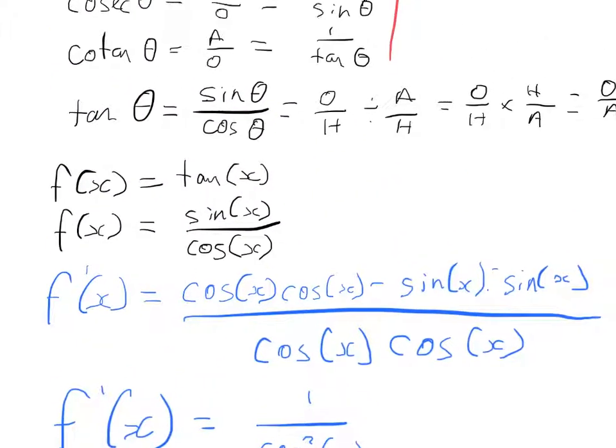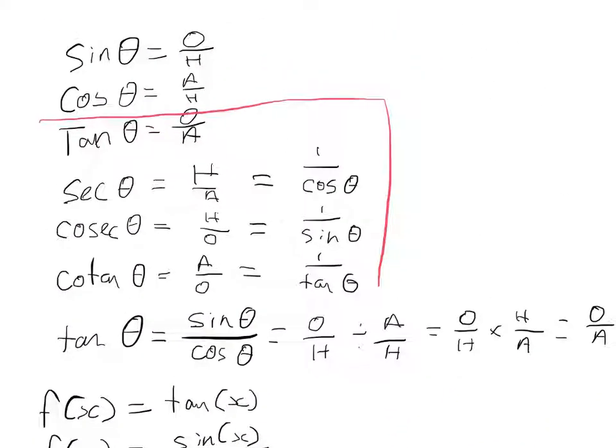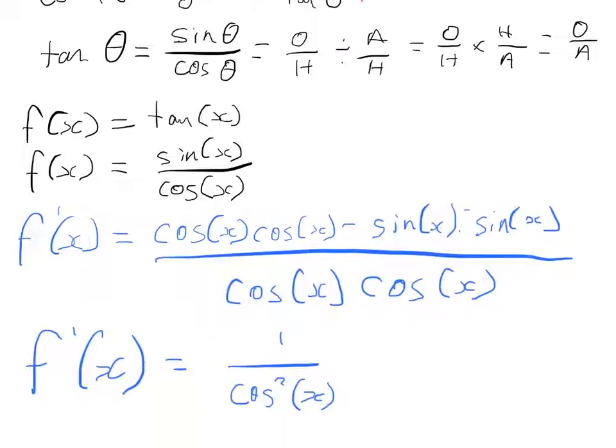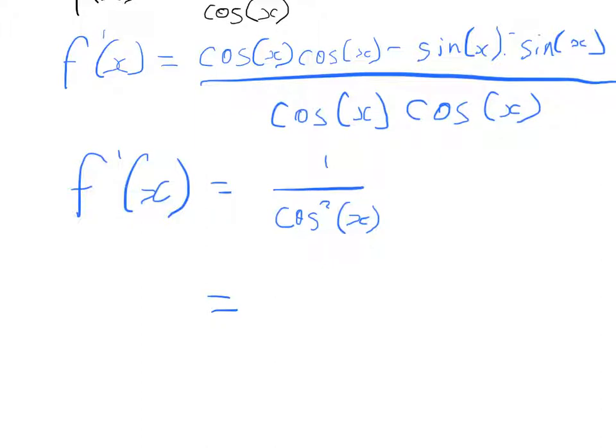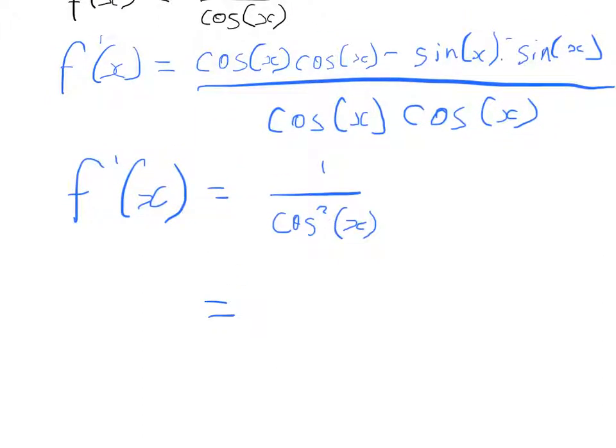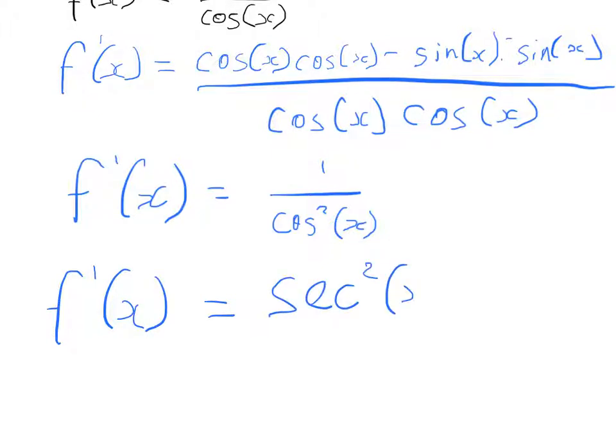And if we look up here, 1 over cos of x is sec x. So when we have tan x, f dash of x equals sec squared of x. So that's the secant of x times the secant of x, or 1 over cos squared of x.